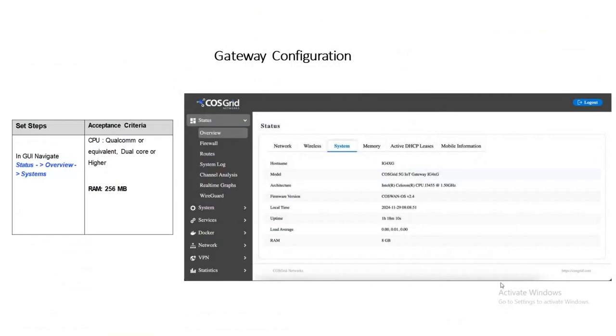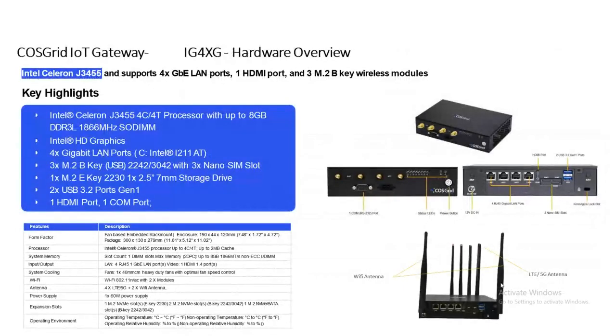First of all, an introduction to the IoT gateway hardware. As you can see here, three nano SIM cards can be inserted.